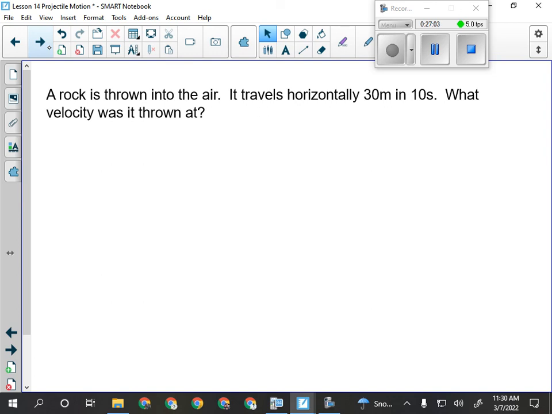We are looking for the projected velocity here. All we know is the rock is thrown into the air. We don't know the angle, we don't know the magnitude. And that's what we want to find, both of those things. And all we know is that it travels horizontally 30 meters in 10 seconds. All right. There's a bit of an algebra trick to this, I'll tell you that.